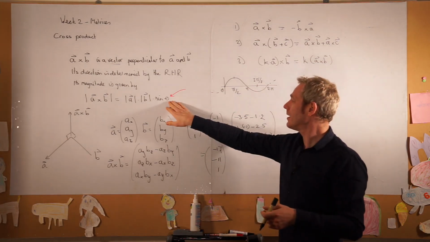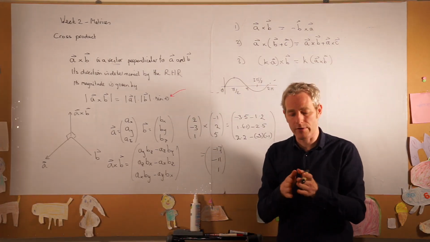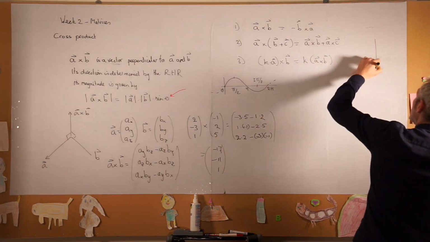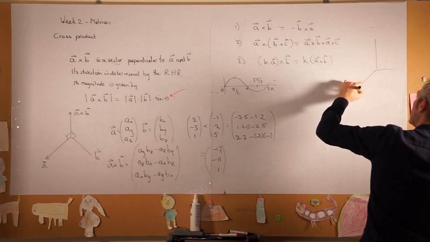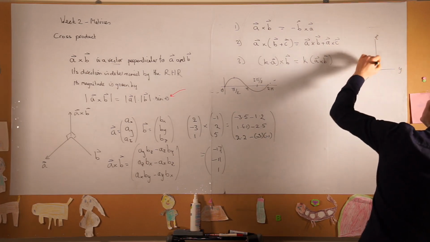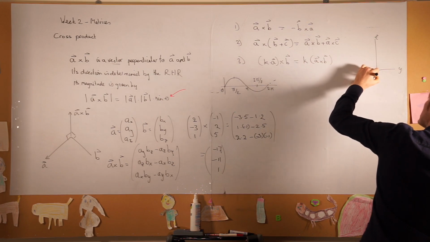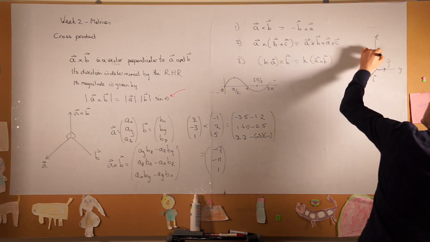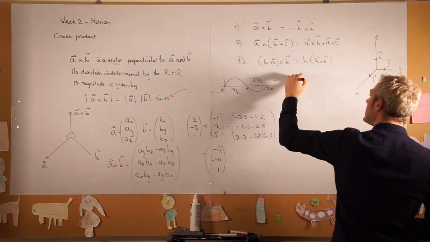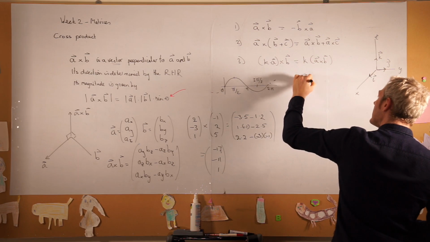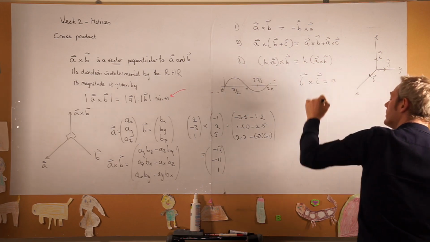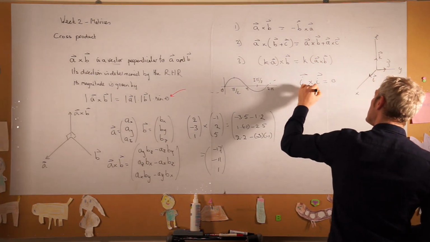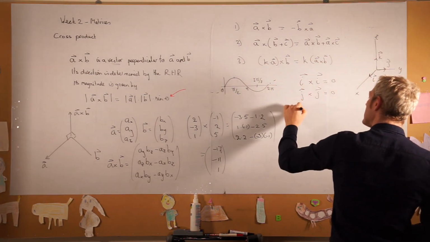So if the angle between the vectors is equal to 0, these two are parallel. Specifically, if we take our unit vectors, along the x, y, and z axes, i, j, and k, the cross product between i and itself will yield 0 because these two are parallel. The same goes for j, and the same goes for k.